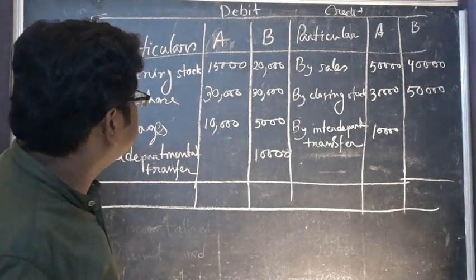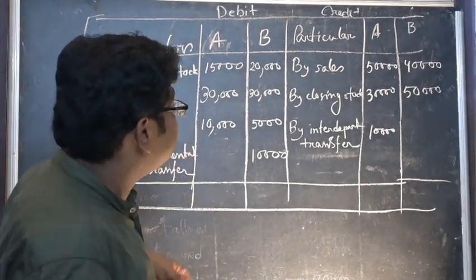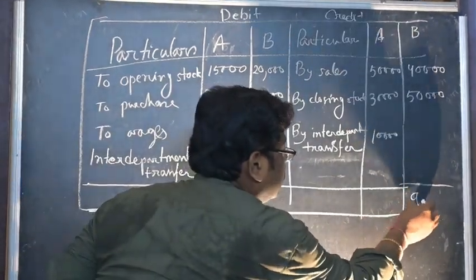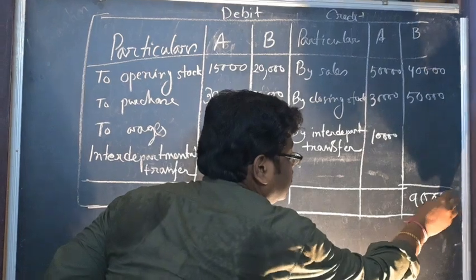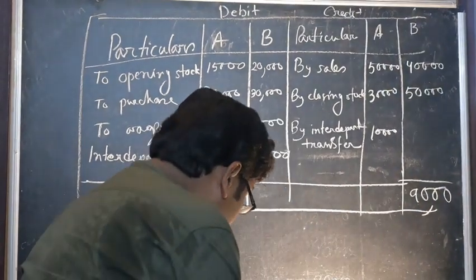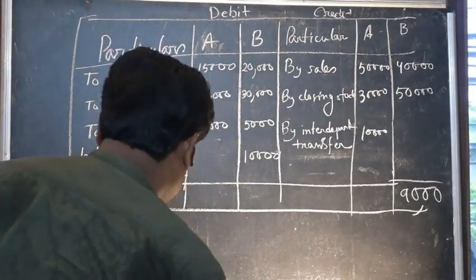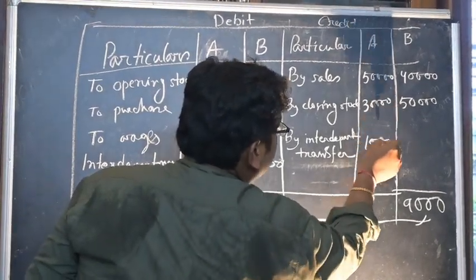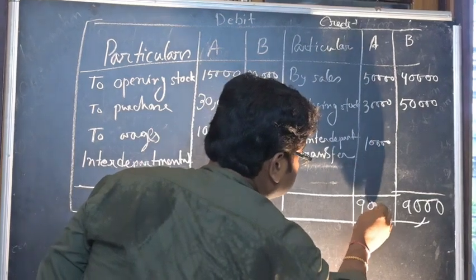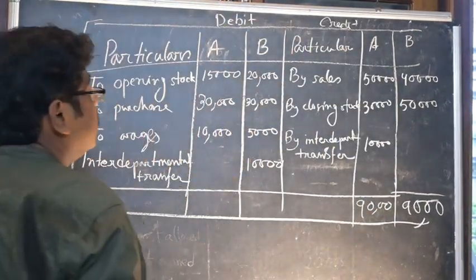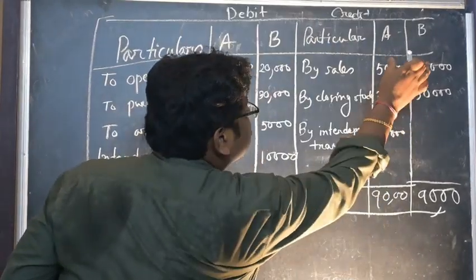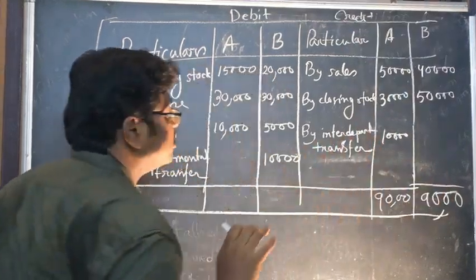Okay, 90,000, and here you can find, this is the 90,000, and now it is also 90,000: 50,000, 30,000, and 10,000. It is also 90,000. So the total is 90,000 for A and for B.